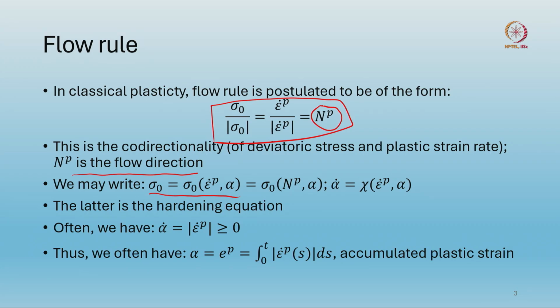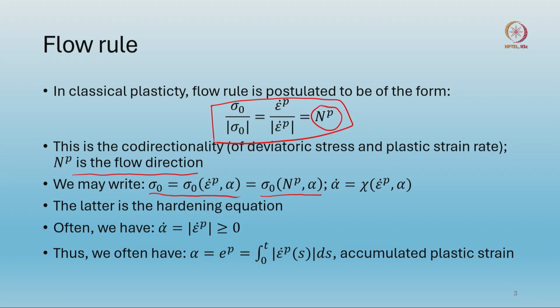Then because epsilon p dot is partly decided by n_p, the plastic flow direction, I can in principle write this sigma 0 as a function of the plastic flow direction n_p itself.